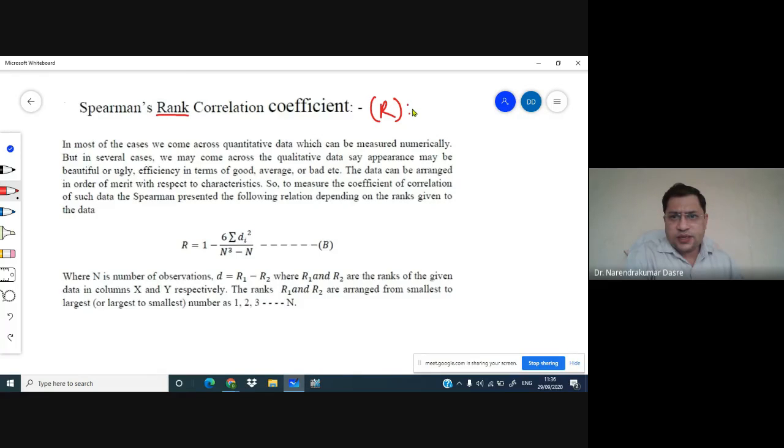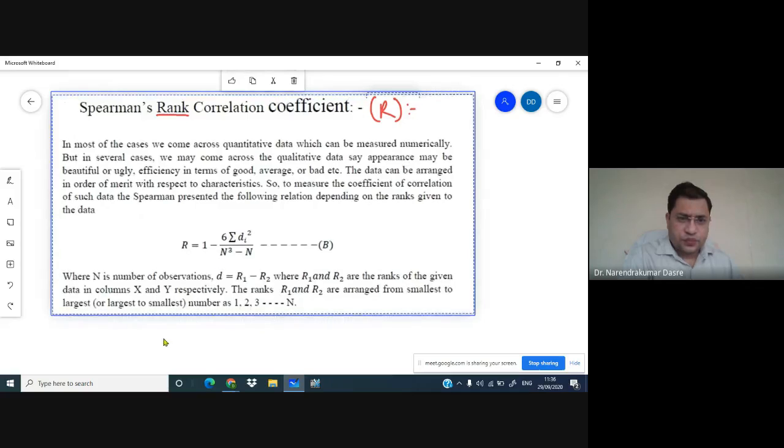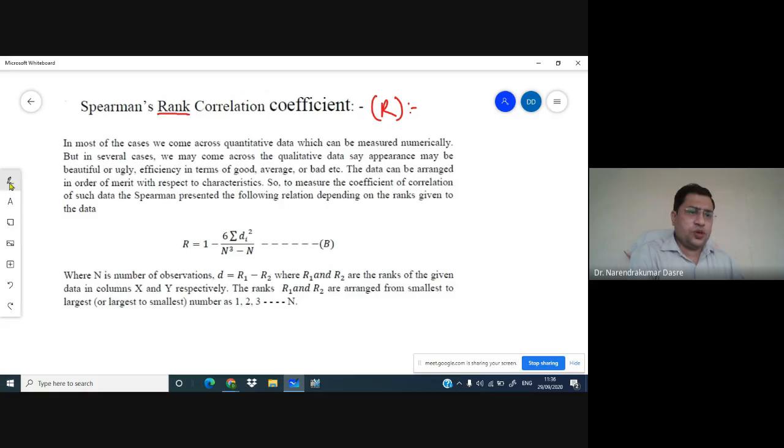We have the formula for this capital R as R is equal to 1 minus 6 times summation di square upon n cube minus n, where di is nothing but the difference between the ranks, and n is the number of observations. I want you to write this formula for Spearman's rank correlation coefficient.